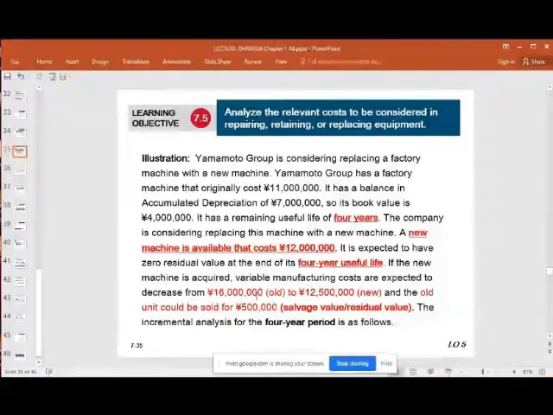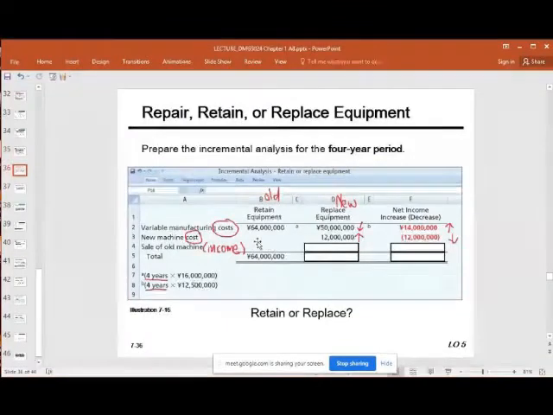So this is your salvage value, the sales of old machine. So if you are using your old machine, then you cannot sell your old machine. So here must be 0. So here 0, and then your 500,000 you put here.